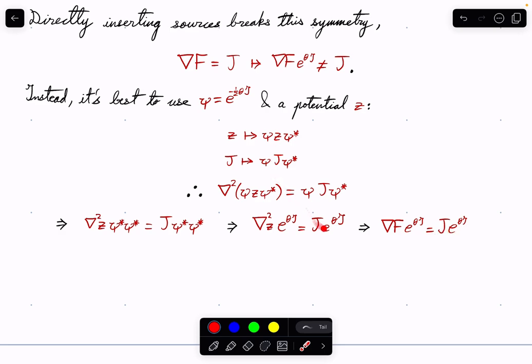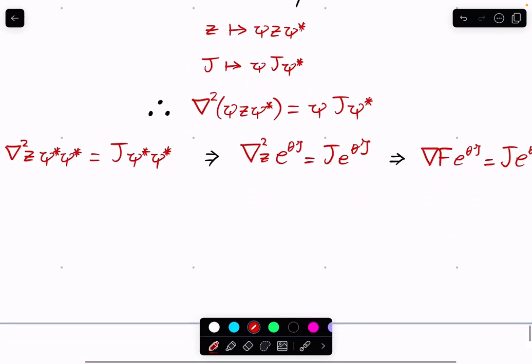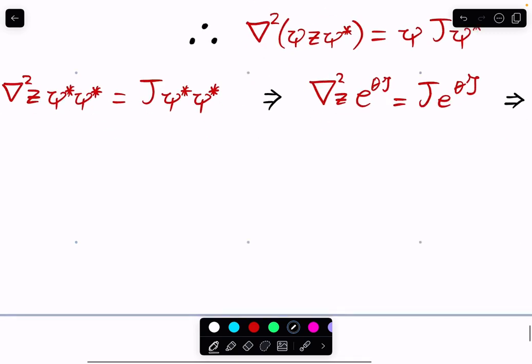This is the correct way to actually do it, and you see that the duality is captured by these mappings.